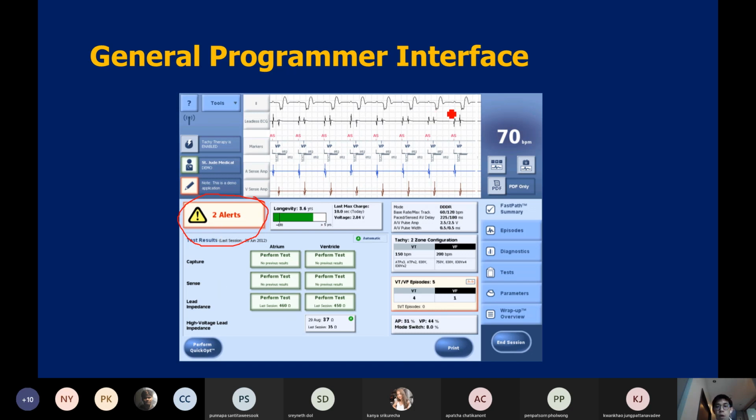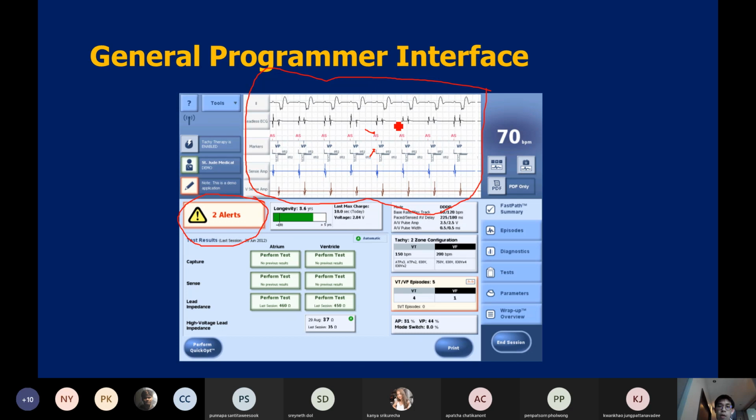And on the upper channel of the screen, you see the real-time intracardiac electrogram of the patient. You can see some labels showing atrial sensing and V pacing.